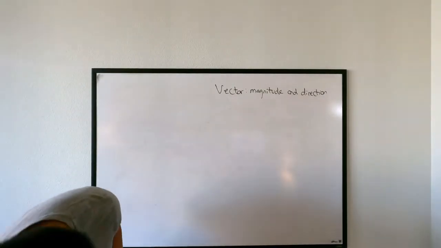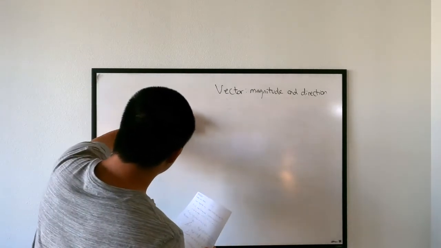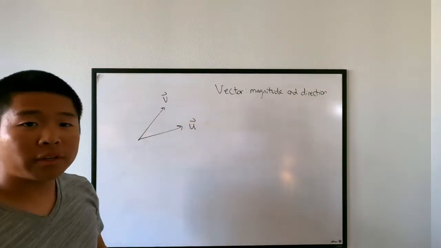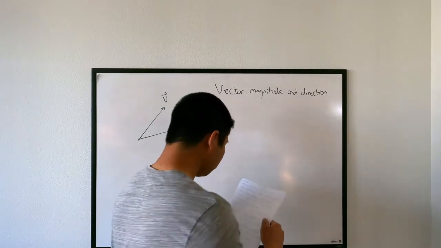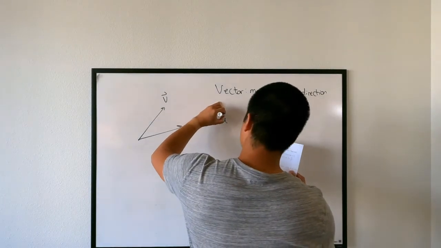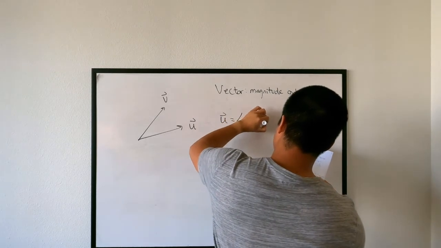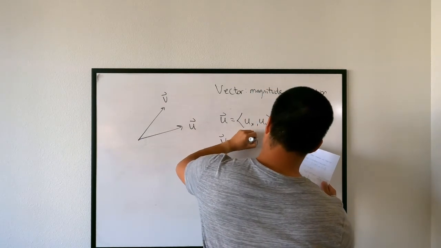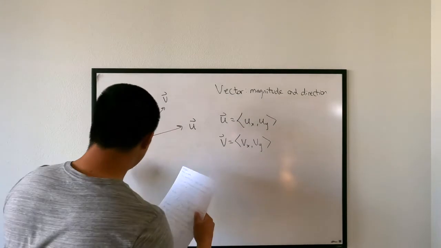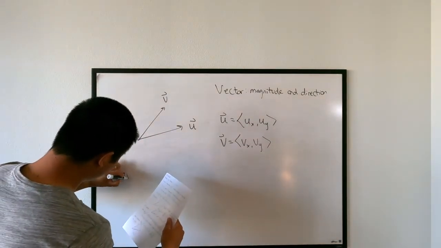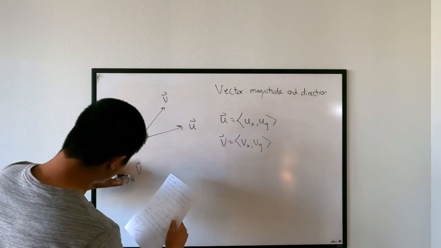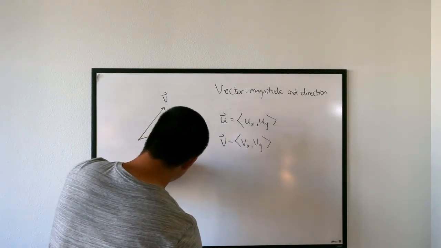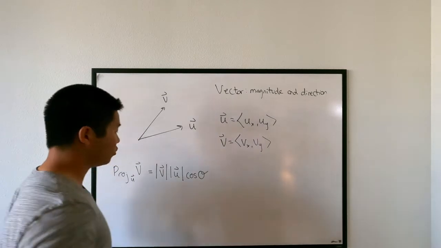If I have a vector u and v that are separated, and we don't necessarily need to know the angle between them, we can say that u is equal to ux, uy, and v is equal to vx, vy, then the projection of v onto u is going to be equal to the magnitude of v multiplied by the magnitude of u multiplied by cosine of theta between them.